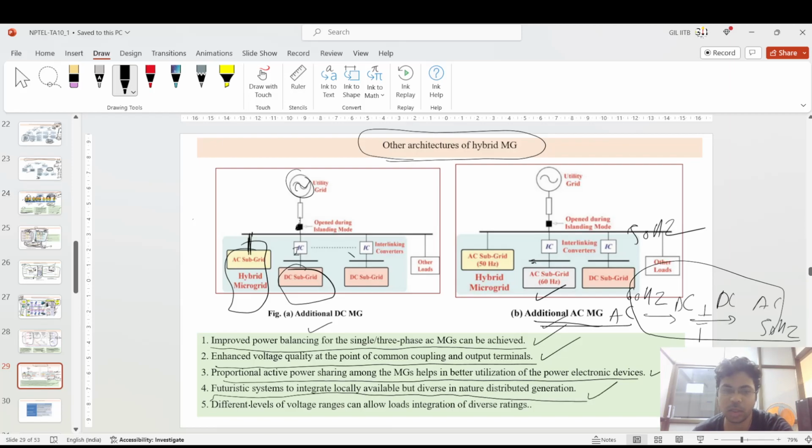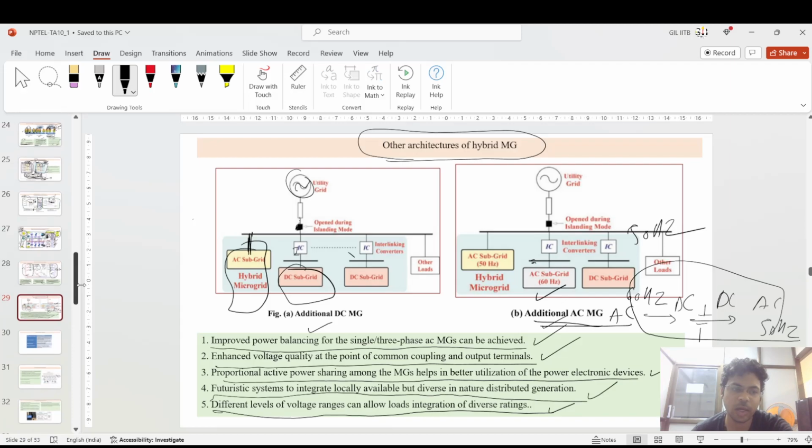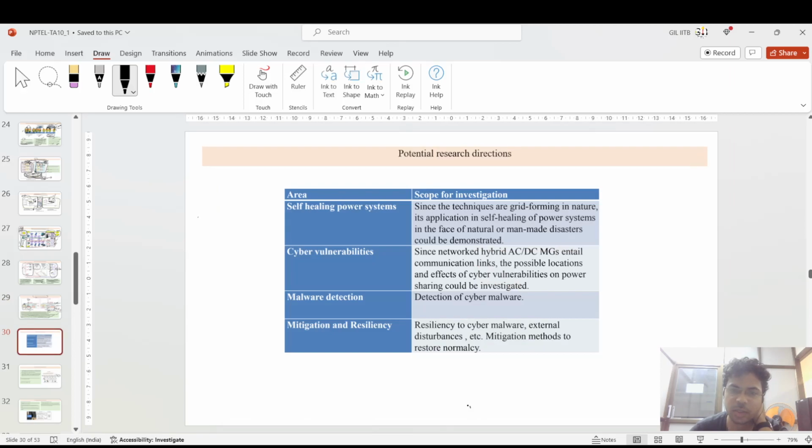It is a futuristic system to integrate locally available but diverse distributed generation, and different voltage levels allow integration of diverse loads. So the major point is that you have to connect multiple devices and multiple generator systems, and connect and disconnect them based upon the situation. For that you need certain central communications, and distributed communication is the most robust.